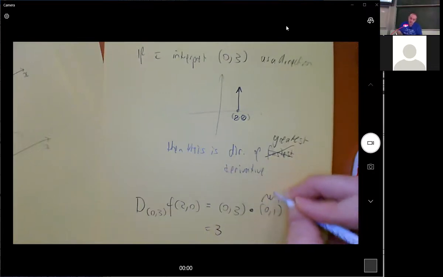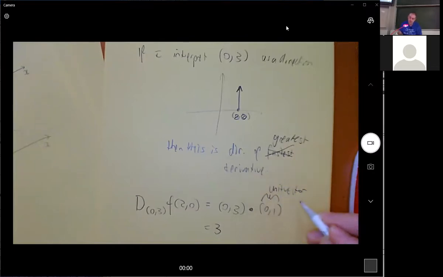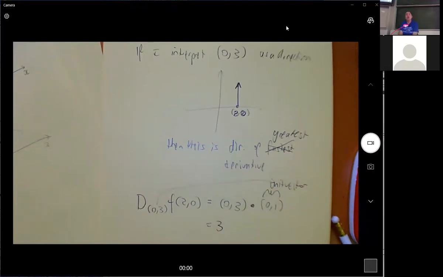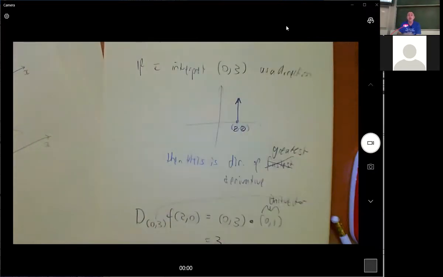But you don't actually need to do this calculation. Not only is this vector the correct direction to go to get the fastest derivative, the length of that vector is the fastest derivative. This is just one of the coolest magic tricks.